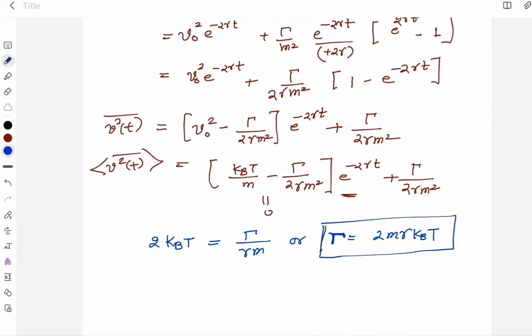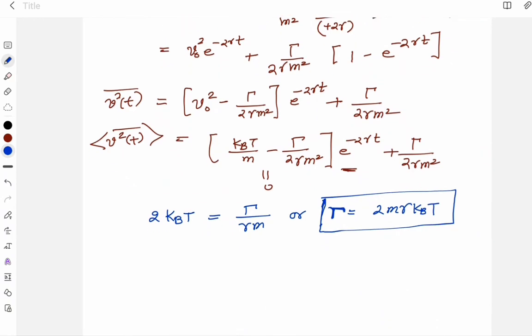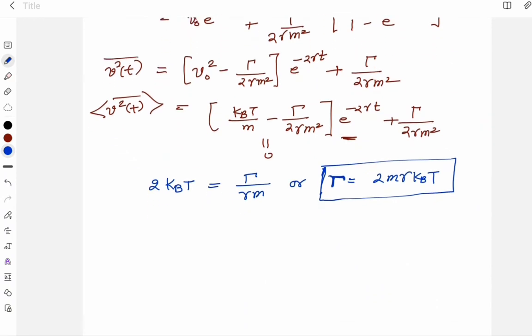So what we have obtained is that the strength of the noise is equal to 2m gamma kBT. So what does it include? This is actually the drag term, right? The drag the particle feels.